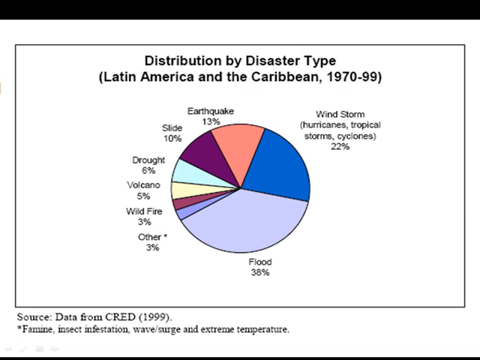Okay, if you look just at 1970 to 1999, now I know these data are a little old, but we see that really the big issue in Latin America is flooding. Now that's kind of crazy because we think of Latin America as volcanoes and earthquakes, and flooding never comes up. And it turns out that worldwide, flooding is one of the most common natural disasters.